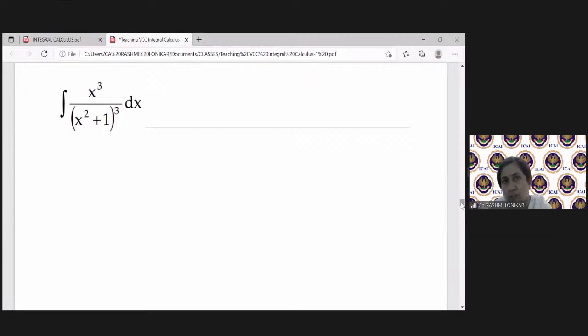Here it is MCQ. So even after finding the answer, make sure that the answer you found is available in the 4 options. If it is not available, see whether you can rearrange your answer so that it matches with the answer available, except when the answer itself is none of these. Like I showed you, x raised to 3 by 2 you may have as an option, or you may have x root x as an option.